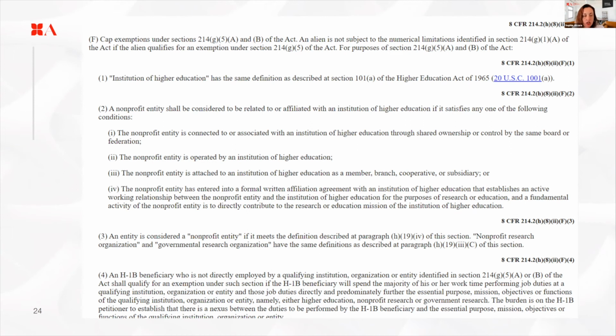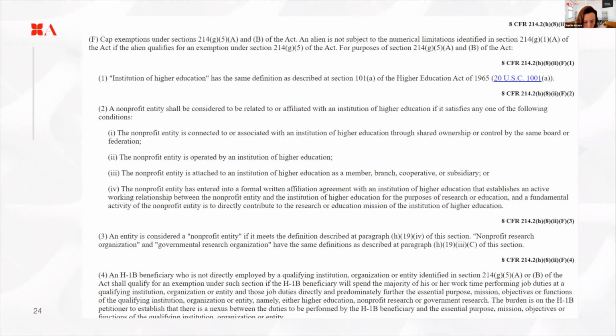So they constructed this part 2 that basically says if a nonprofit is connected to or associated with an institution of higher education through shared ownership or control by the same board, or they're operated by it, or they're attached to it, or they have a formal affiliation agreement, these are things that would make a nonprofit qualify.